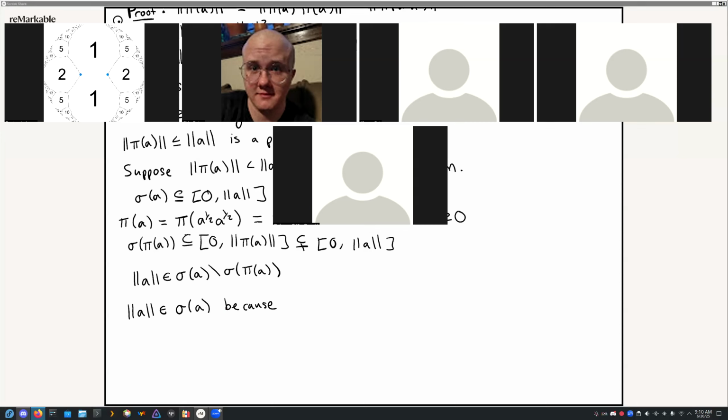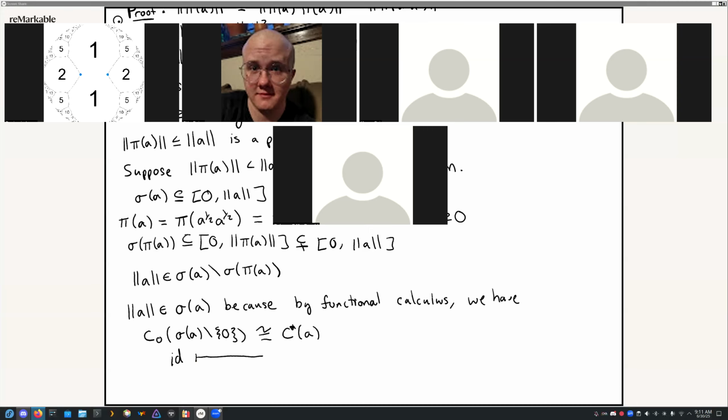Because by functional calculus, we have an isomorphism between C0 of the spectrum of A minus 0 and the C star algebra generated by A. And this isomorphism maps the identity function in C0 to the element A. And this isomorphism is isometric.